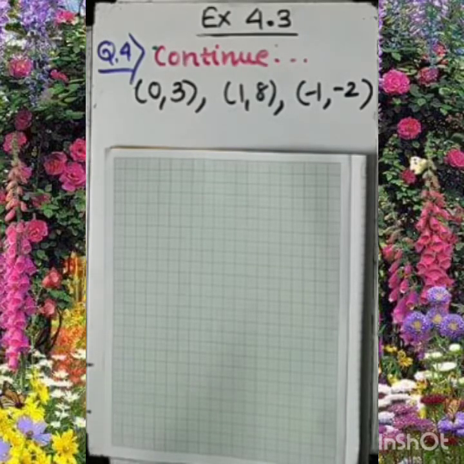So we will start. Okay, so dear student, here 0, 3, 1, 8, minus 1, minus 2, these points we need to locate on a graph paper. So let's continue.